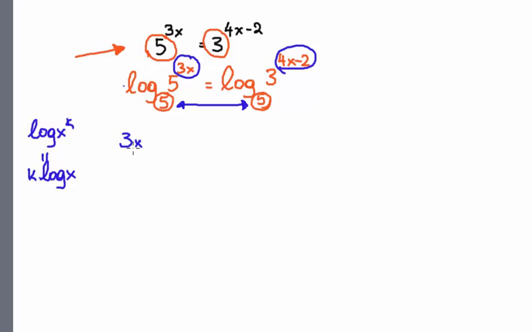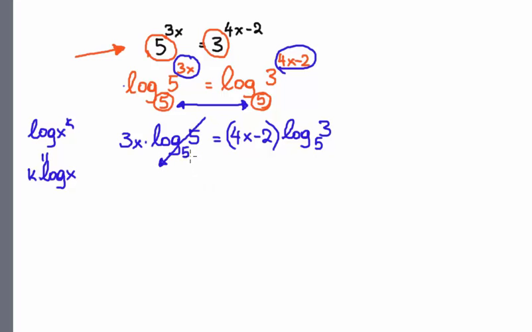So I have 3x times the log with base 5 of 5 on the one side is equal to (4x minus 2) times the log with base 5 of 3. Now, log of 5 with base 5 is equal to 1.